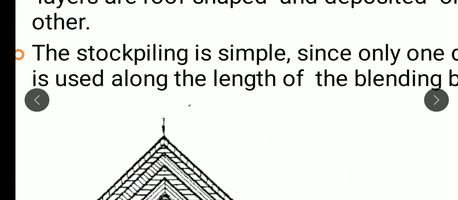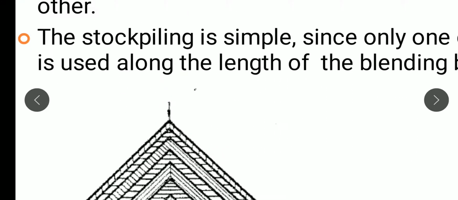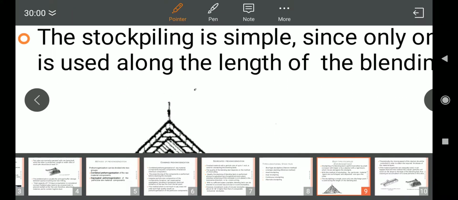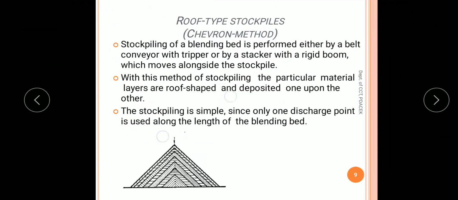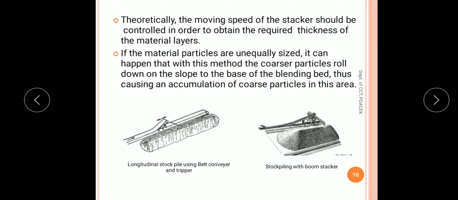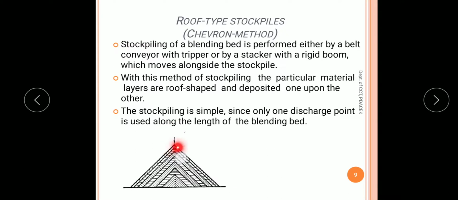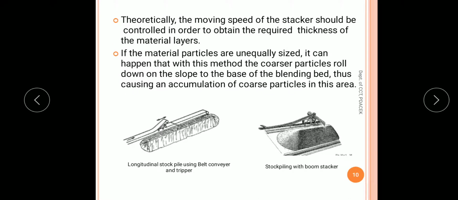This is the discharge point from where the material is poured, and in this chevron method only one discharge point is required. The speed of this discharge point has to be controlled in order to control the thickness of your layer. If your stacker is moving very fast, the thickness will be less. If it is moving very slowly, the thickness of the layer being formed will be large.